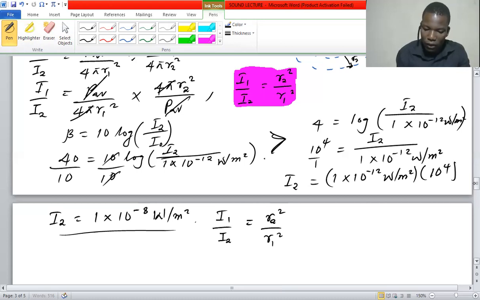That's okay. So intensity 1 is actually 0.707. Okay, intensity 2 is 1 times 10 to the power -8. And then we have radius 2, which is the one that we are looking for, and radius 1 is actually 3, so 3 squared.